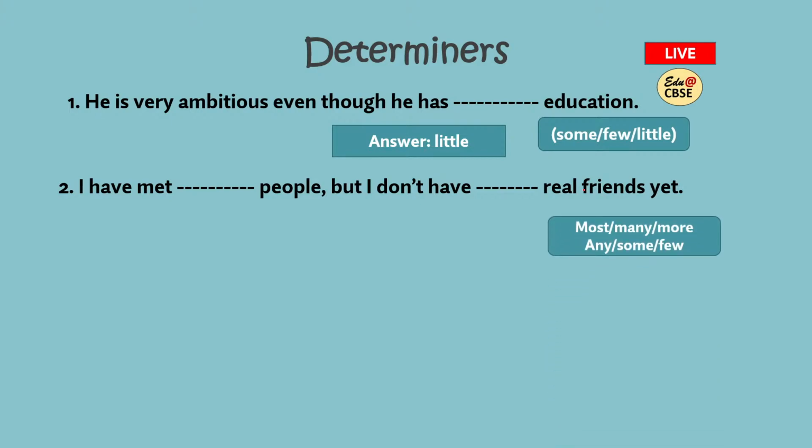For the first blank, most, many, more. For the second blank, any, some, and few. Many and any. Yes, so here we have the answers, many and any. So very good.